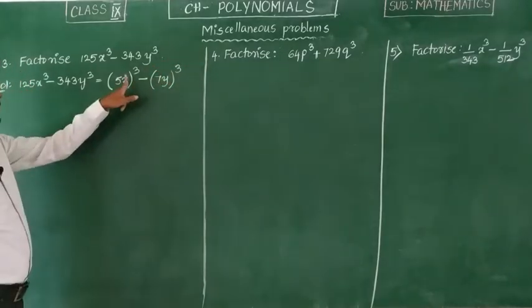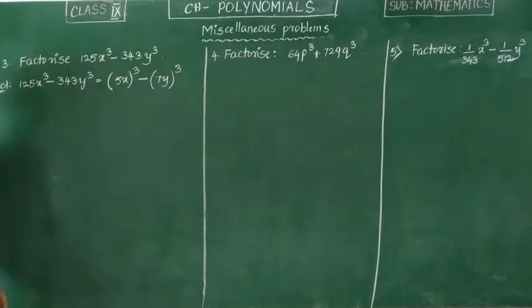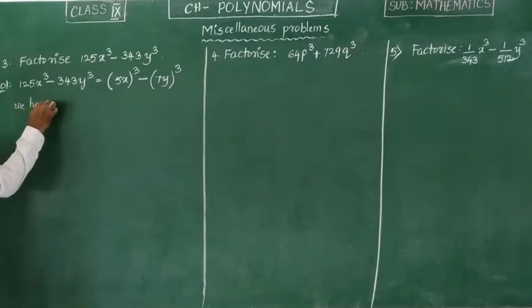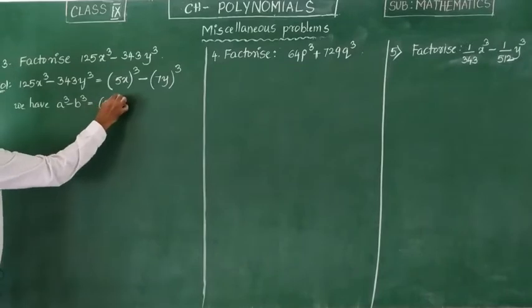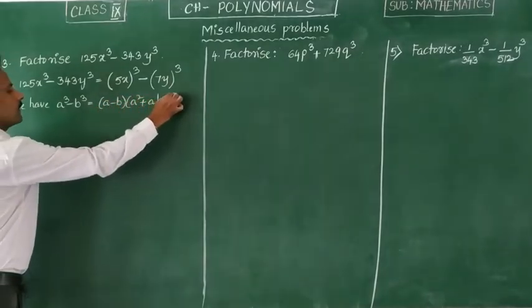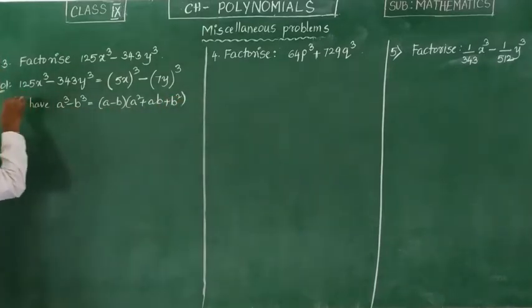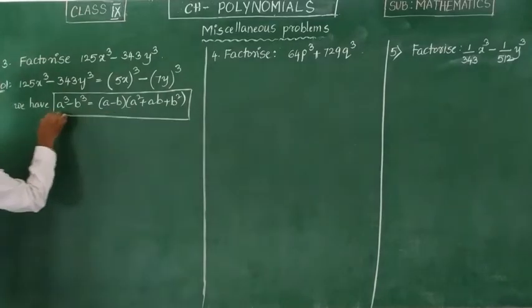Since it is in the form of a cube minus b cube, we need to apply the a cube minus b cube identity. So what is the a cube minus b cube identity? Let us write here: a cube minus b cube equals a minus b into a square plus ab plus b square. You need to write this in a box so that we are going to apply this one.